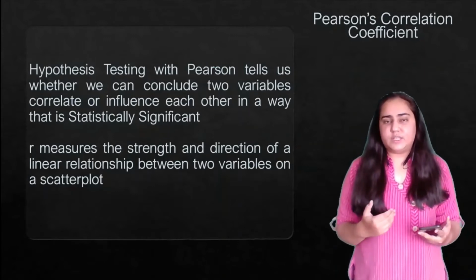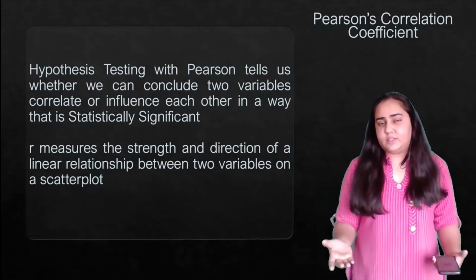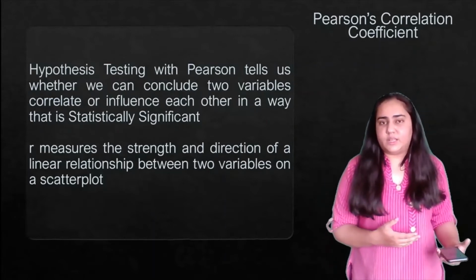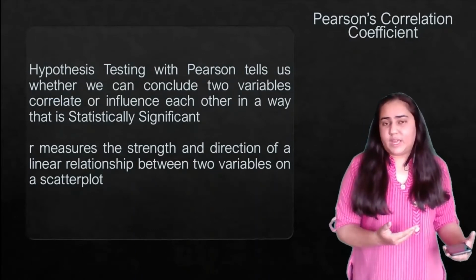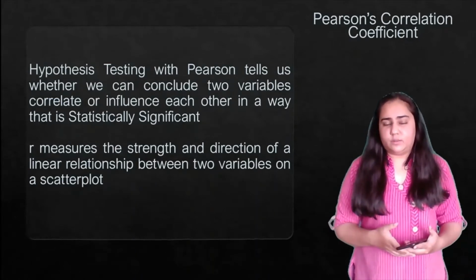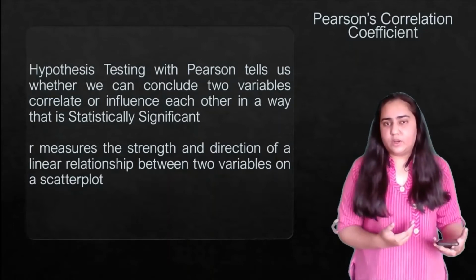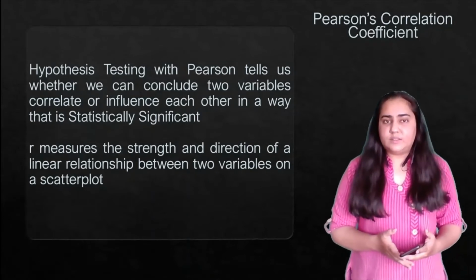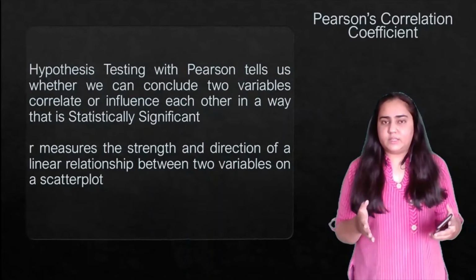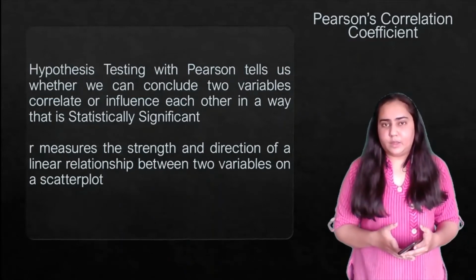Here we are trying to test a hypothesis whether one variable affects or influences another variable, whether age can determine somebody's annual income, whether being older might mean having more income or less income. If this influence is statistically significant, then we can say there is a linear relationship between them.